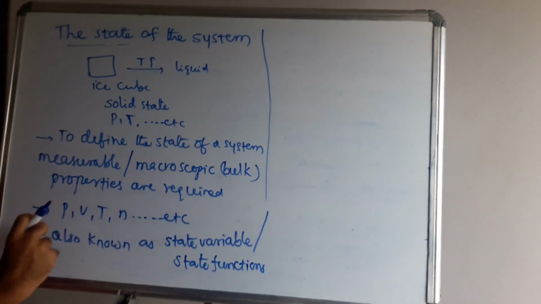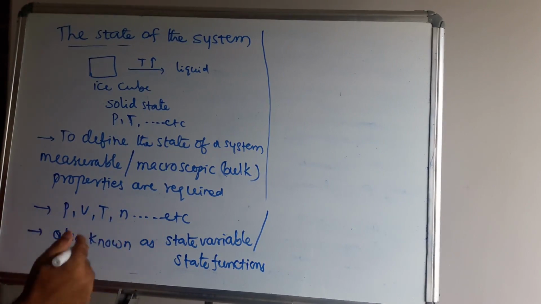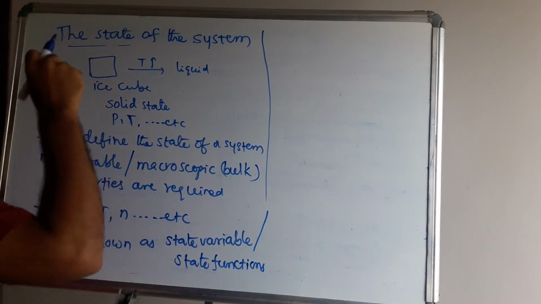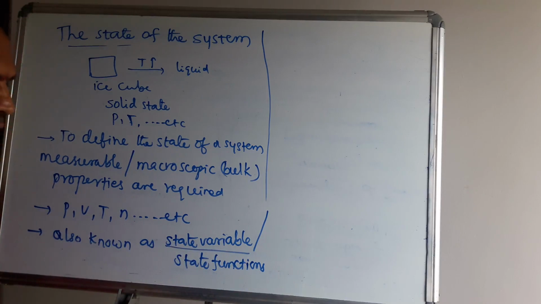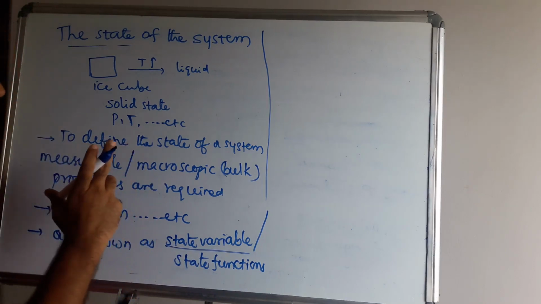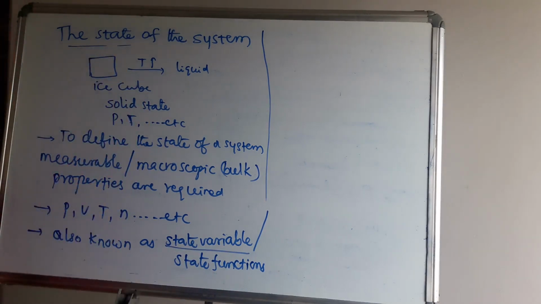That is state variable or state function. Why are these called state variable or state function? To define the state of a system, these are required. Therefore, these are called state variable or state function. Keep in mind, to define a state of a system, all properties are not necessary.